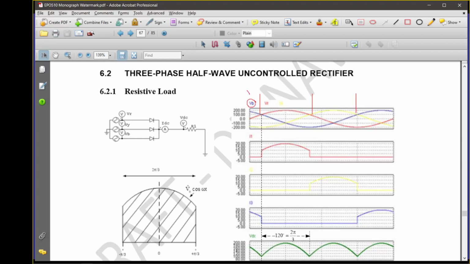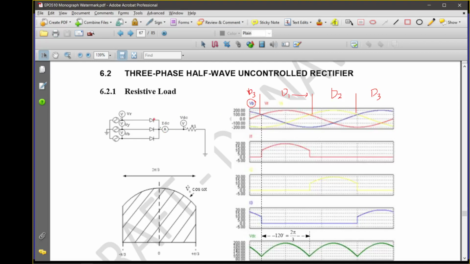So diode 3, the blue diode, will conduct during that point, and then during this period you have diode 1, the red diode, operating, and then diode 2, the yellow diode, and finally it comes back to D3.